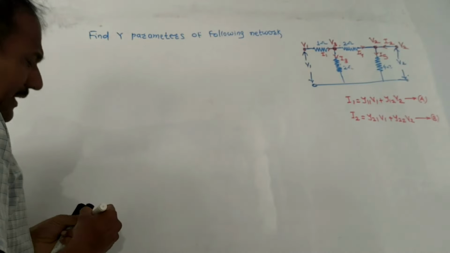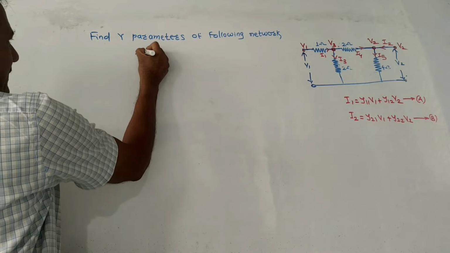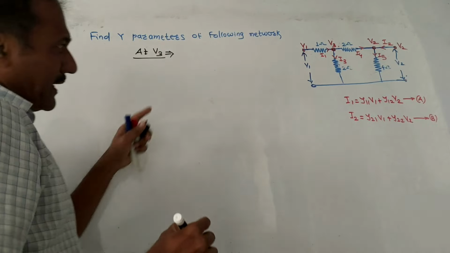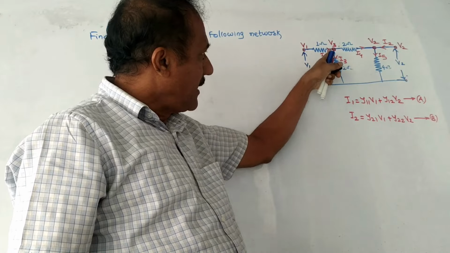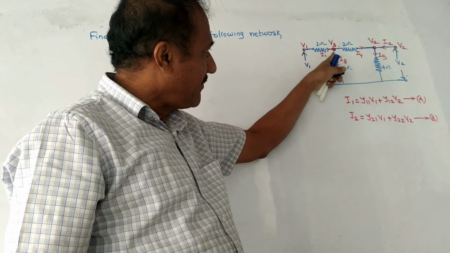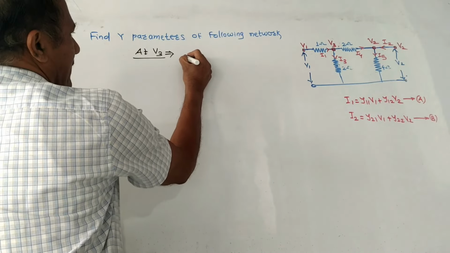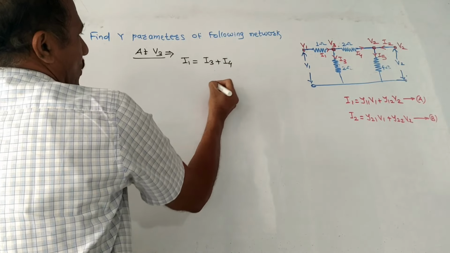Now let us apply KCL at node V3. At V3, we know the rule. KCL means the summation of incoming currents at that node is equals to the summation of outgoing currents. At V3, the incoming current is I1, and the outgoing currents are I3 and I4. So I can write I1 is equals to I3 plus I4.